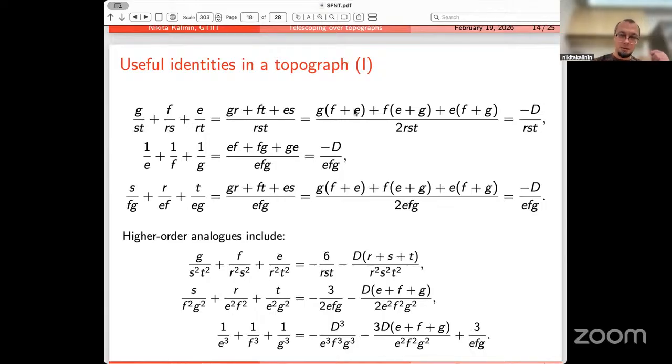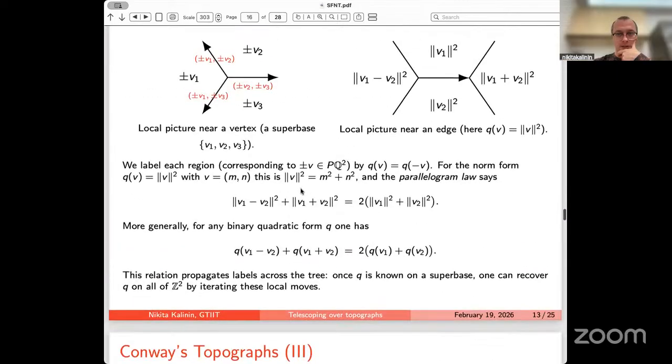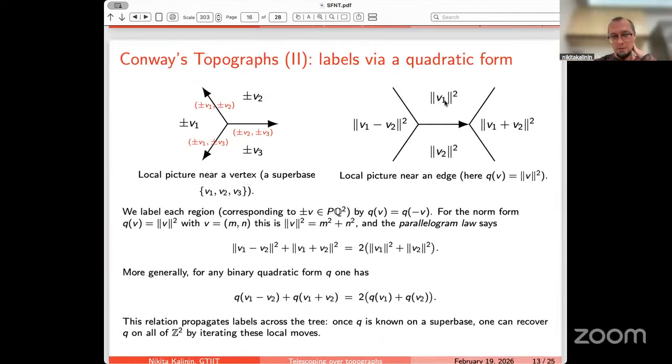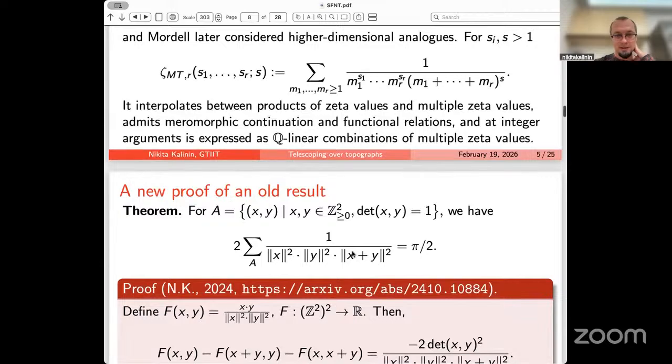Okay, now let's try to relate it to the formulas that we had before. So what are R, S, and T? R, S, and T are values on the regions. What are the values on the regions? Those are the values of the quadratic form. So for example, that's the length squared of V1, V2, and of their sum. So R, S, T is exactly what I have here in the denominator.